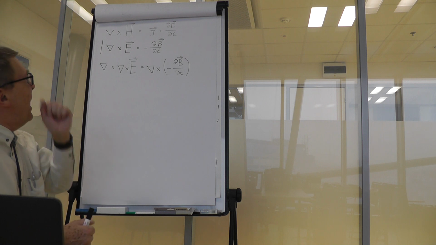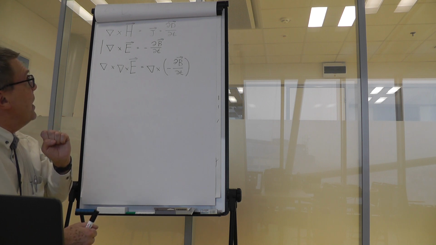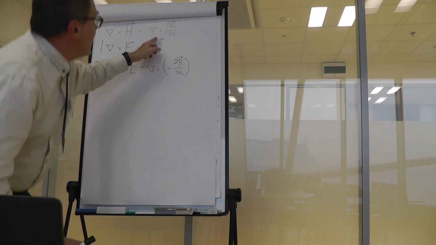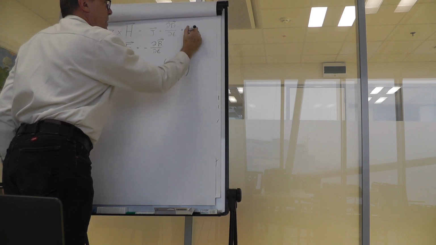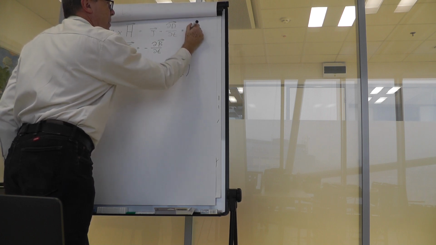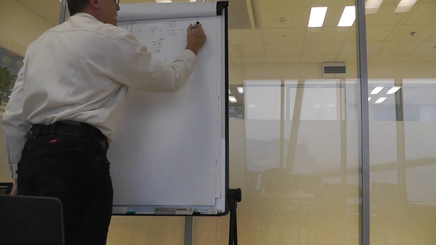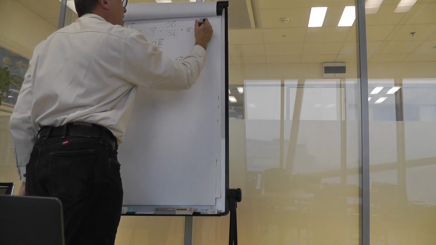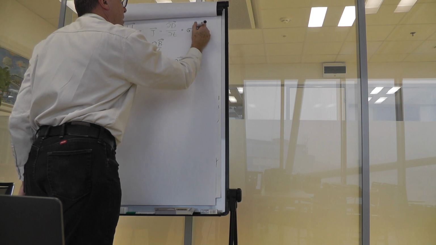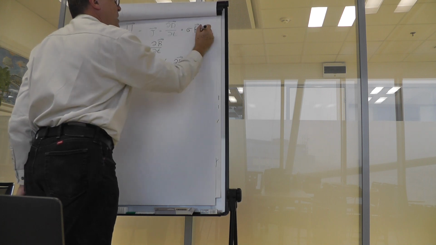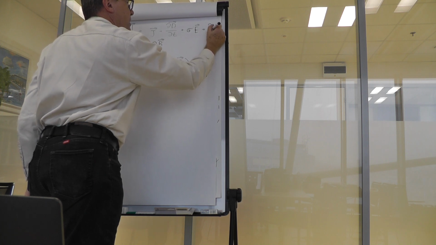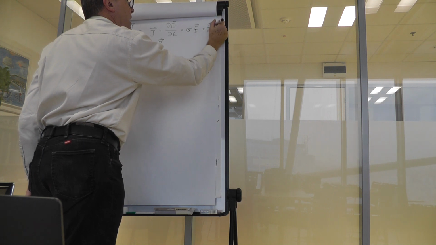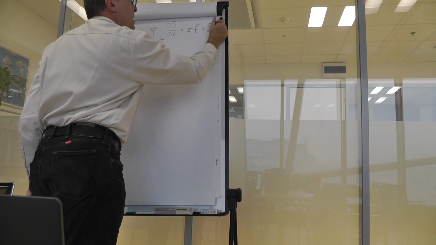We can do that by inserting something here. So this in fact is electric conductivity times electric field strength plus the time derivative of a product of permittivity and electric field strength.